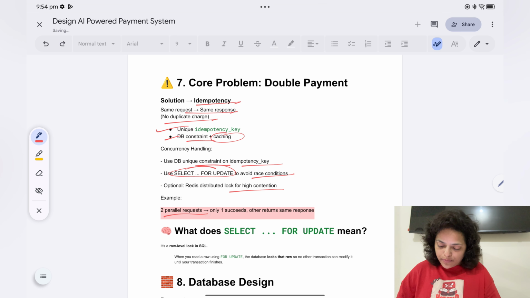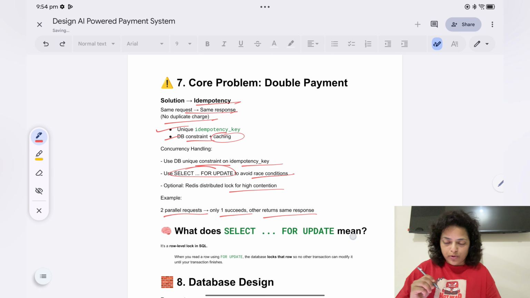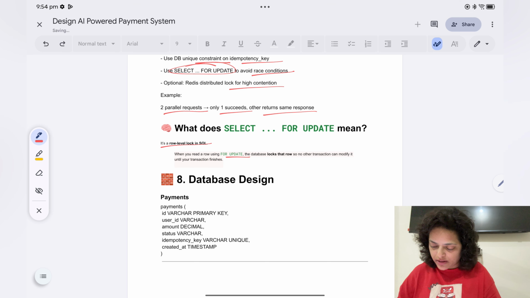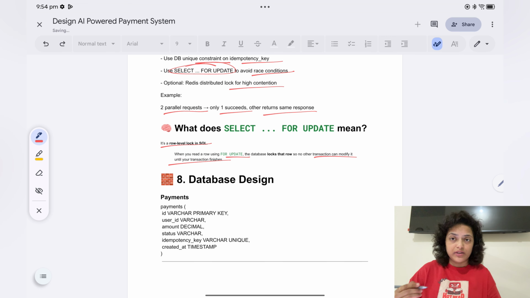For example, with two parallel requests, only one will succeed and the other will return the same response. So what does SELECT FOR UPDATE mean? It's a row-level lock in SQL. When you read a row using FOR UPDATE, the database locks that row, so no other transaction can modify it until your transaction finishes.